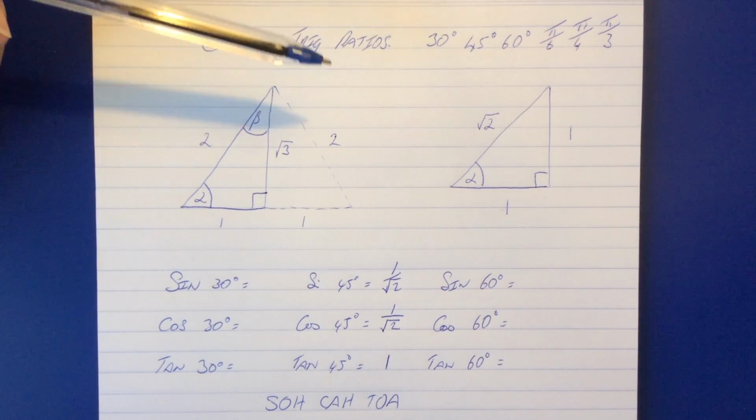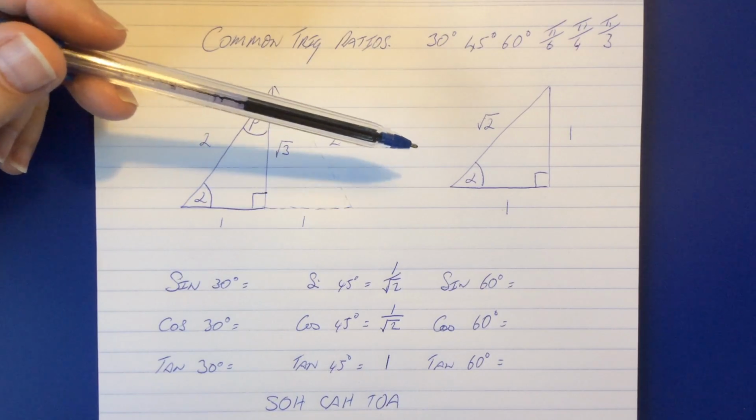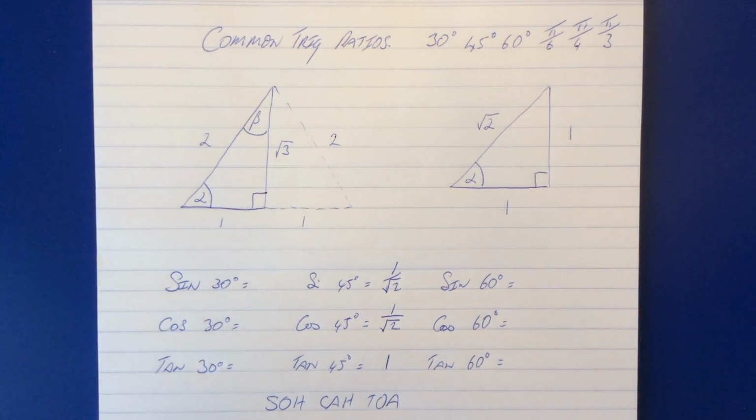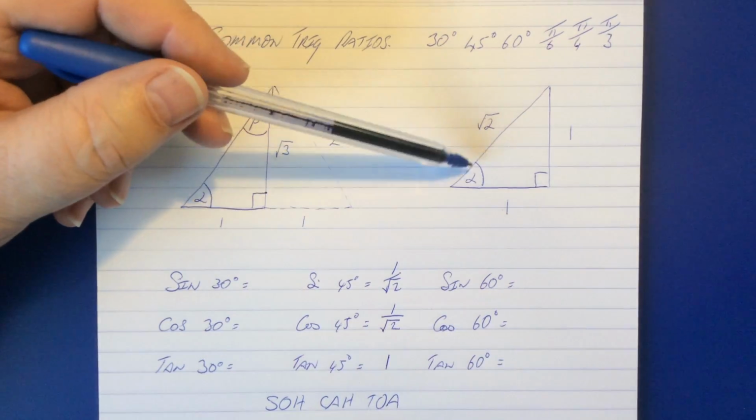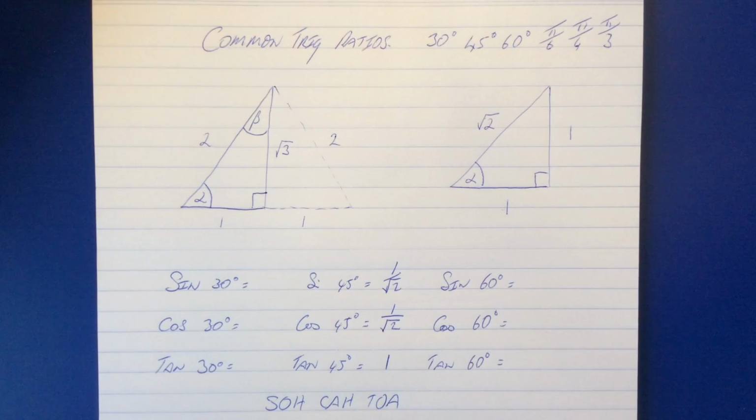Okay. You may be encouraged to remember these ratios in a long chart. I don't have that much memory space. I always work off the triangles. It's your choice what you do.